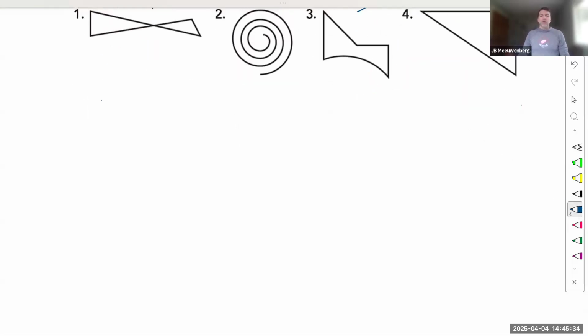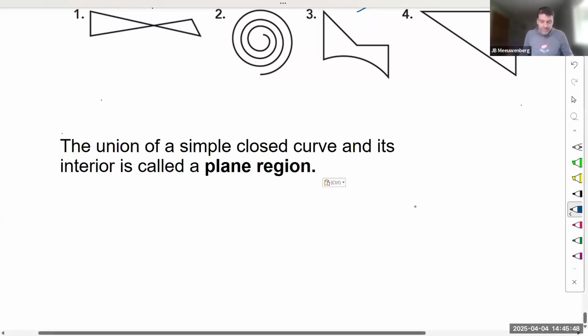Now, we know what a plane is, right? A plane is a flat surface that sort of goes on forever. But a lot of times we are looking at just a section of a plane, and that's called a plane region. Here is the bit wordy mathematical definition: it's the union of a simple closed curve and its interior.